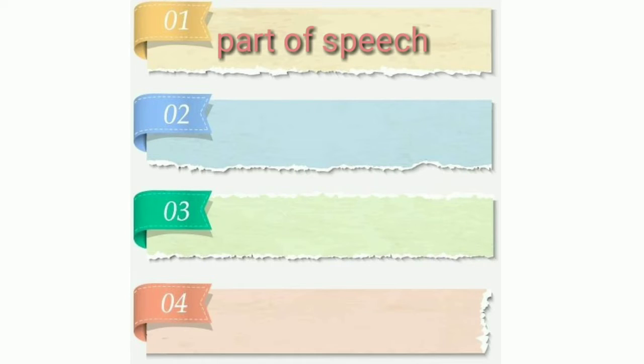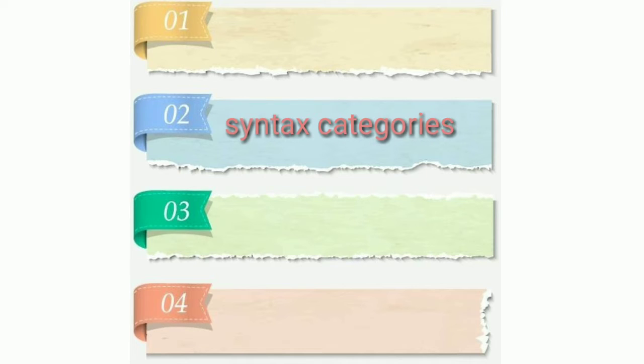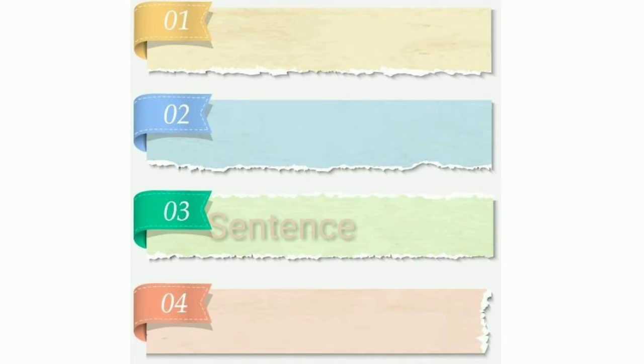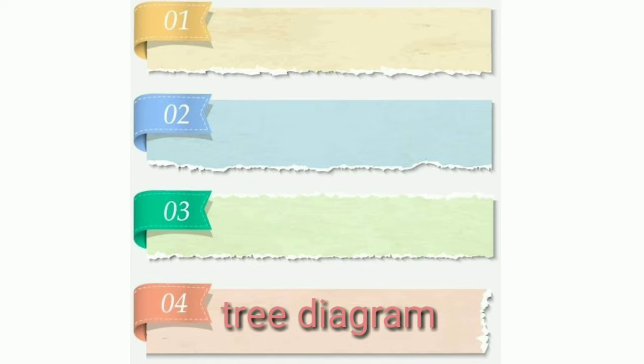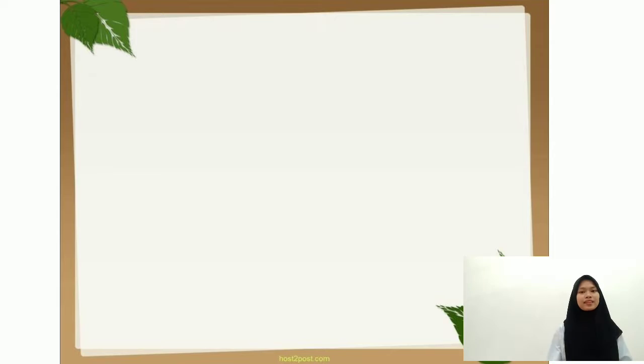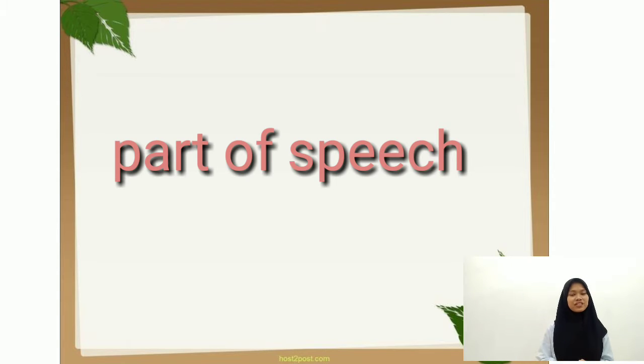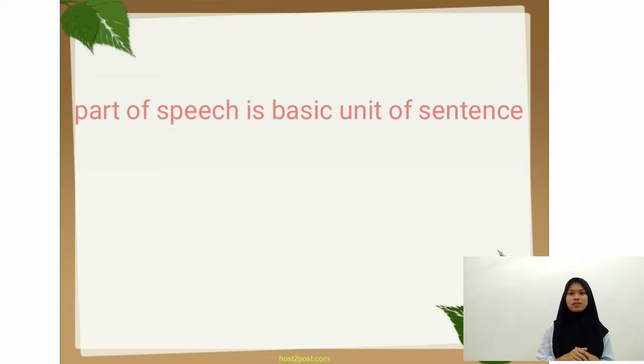So let's see the material I have learned in syntax. The topics are parts of speech, then syntax categories, then sentence, and the last is tree diagram. The first material is about parts of speech. Parts of speech are the basic units of a sentence.